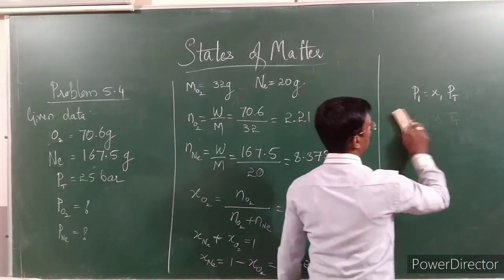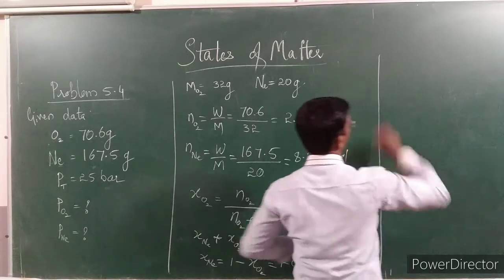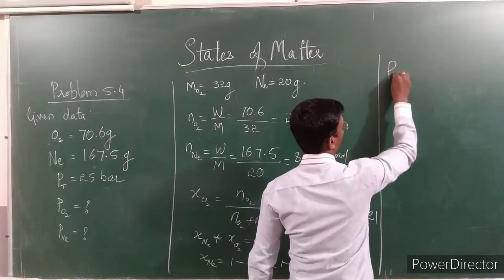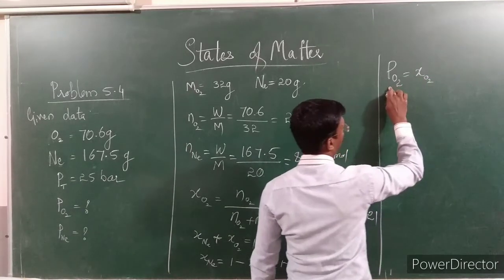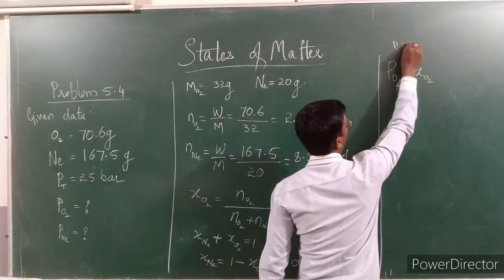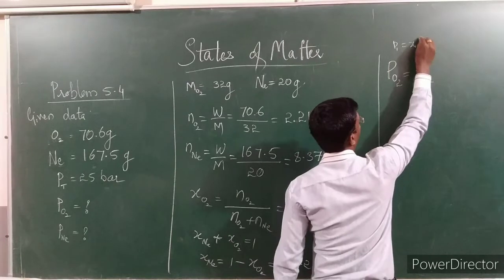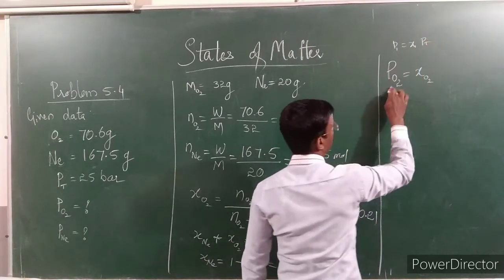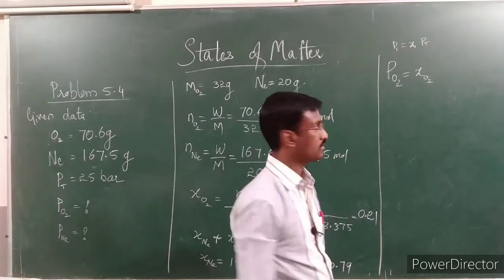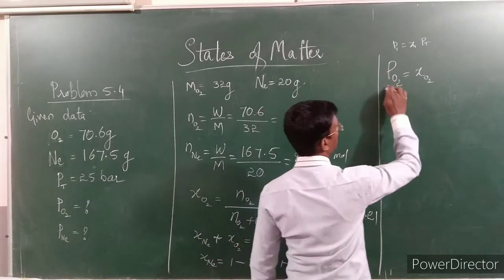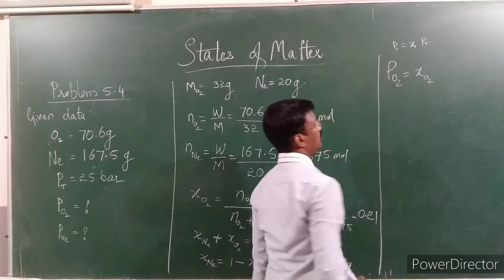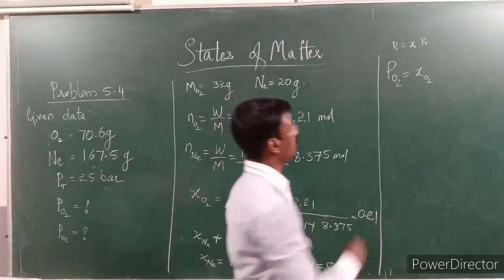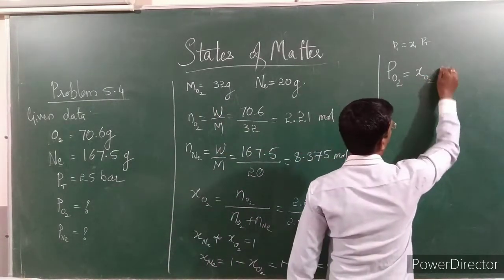So first I would like to calculate the partial pressure of oxygen, O2. Partial pressure is just like this: P1 is equal to x1 into P total. So P1 I have taken as oxygen. The partial pressure of oxygen is equal to x0, the mole fraction of dioxygen, into the total pressure.